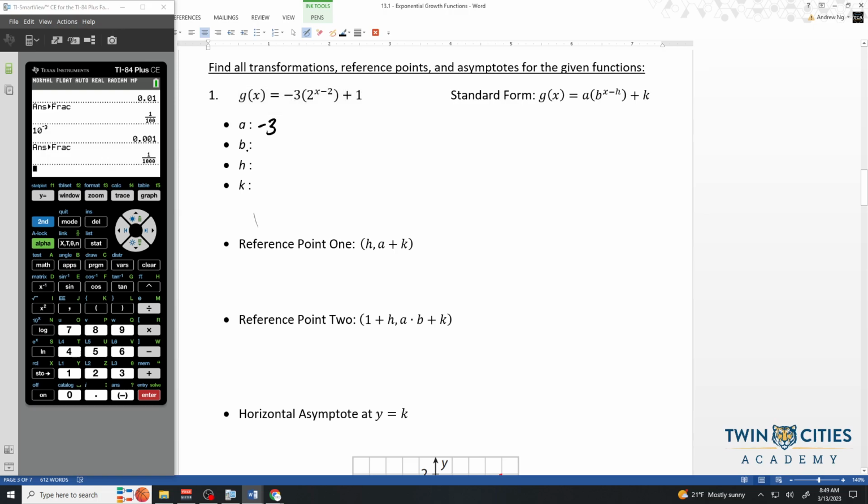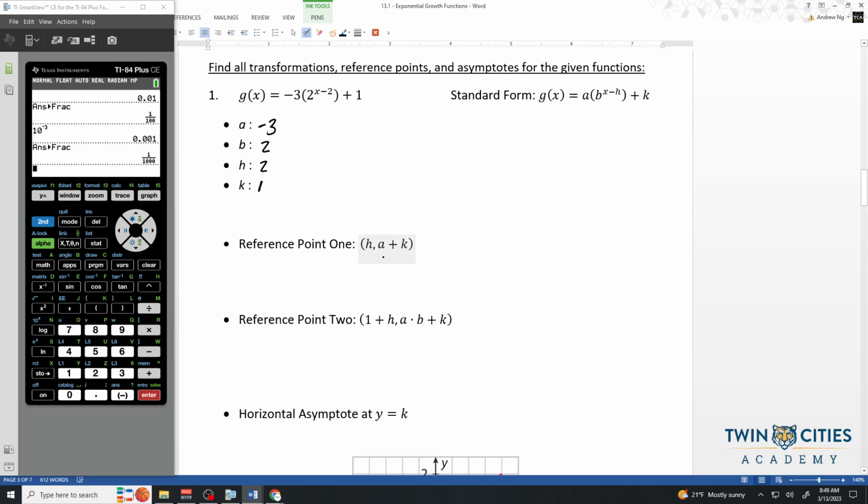And then b is 2. H is 2 as well. Now, because this is x minus 2, I'm actually going to move to the right 2. And then k is 1.